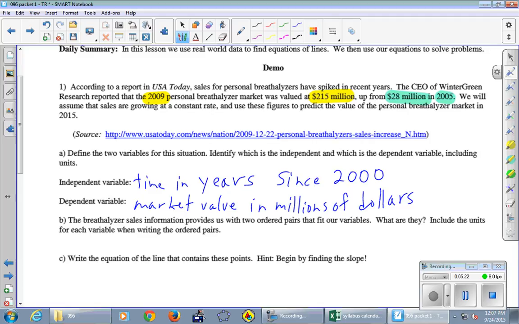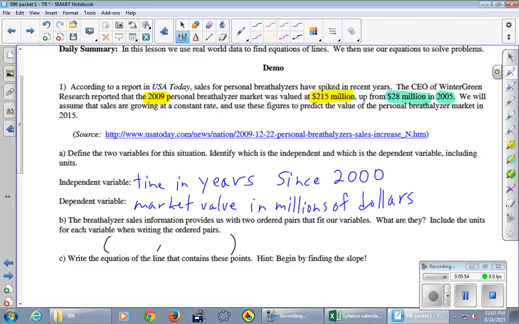And it says the breathalyzer sales information provides us with two ordered pairs that fit our variables. What are they? Include the units for each variable when writing the ordered pairs. So here we go. First ordered pair, let's go with the yellow information. Which one comes first, the 2009 or the 215 million? 2009, because we said time was the independent, that's the x, that's the first variable. So should we put 2009 as the first coordinate?